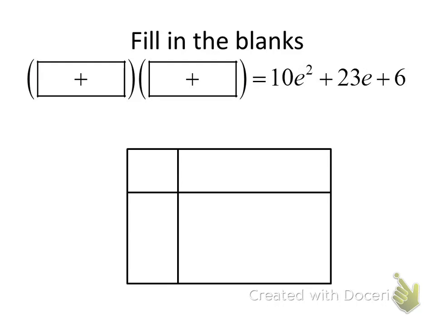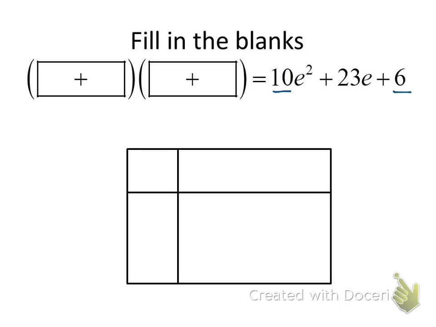That's where the MA comes in. Remember how I said we're going to do a shortcut instead of doing the guesswork? That's where we're going to find the M and the A. According to your notes, it says determine the M and A. We're going to determine the M by looking at our first coefficient and our third coefficient, so our first number and our third number.